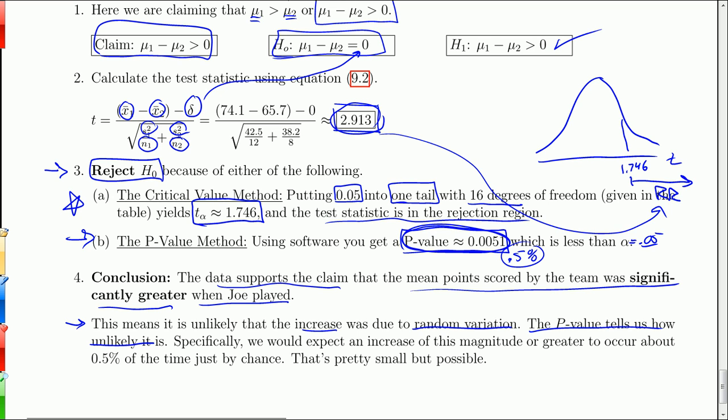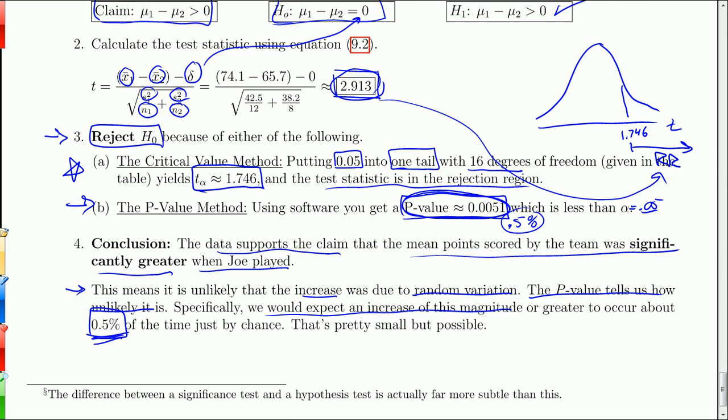What that means is we would expect an increase of this magnitude, that difference, to occur about 0.5% of the time just by chance. So it is possible that this difference in mean scores was due to chance. It's just not very likely, because it's not going to happen that often.